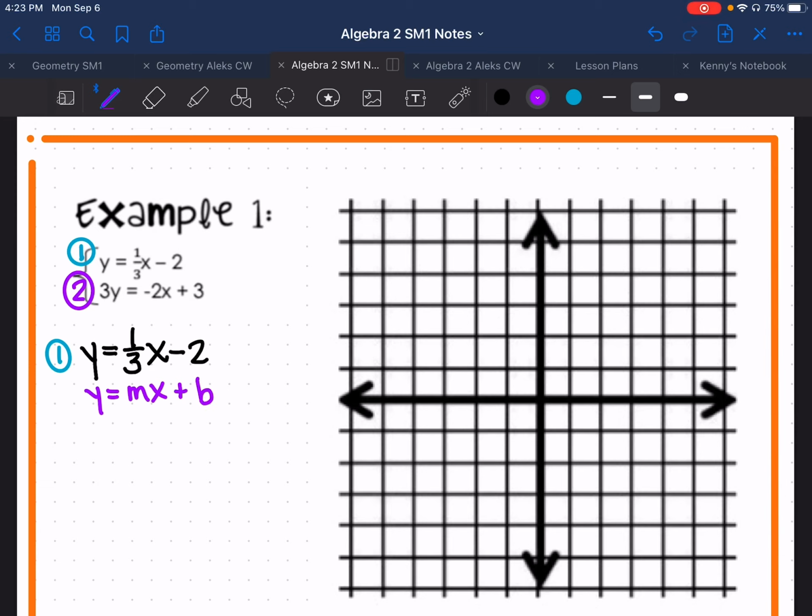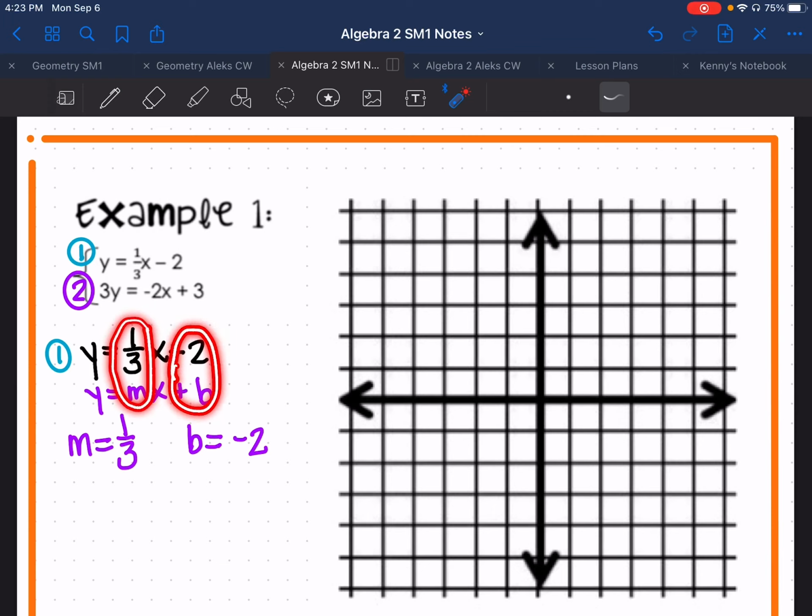And I can very easily see that m, my slope, is 1/3, and that b, my y-intercept, is -2. I could just circle them, right? There's m, there's b. Remember that m shows you how to move, which is why I believe we chose the letter M as mathematicians. Probably not, but we can dream, right?